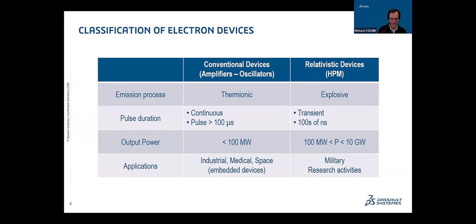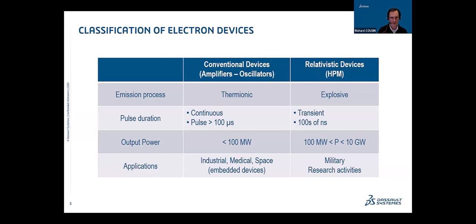The pulse duration for classical devices is much longer than for relativistic devices, especially because in this case you deal with plasma and breakdown, which limits the pulse durations of relativistic devices. This is something that we also sometimes call pulse shortening.